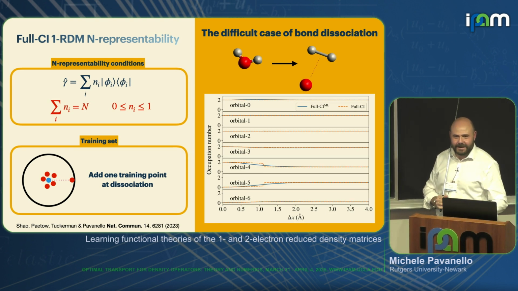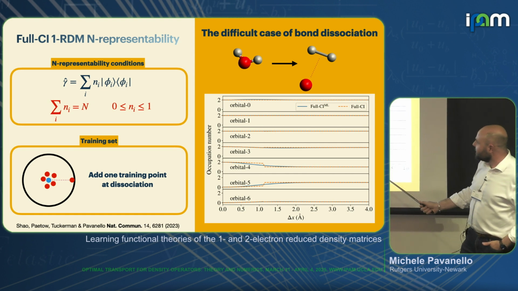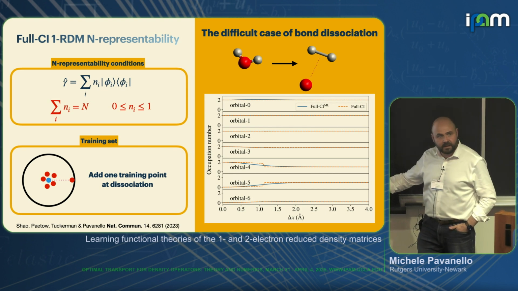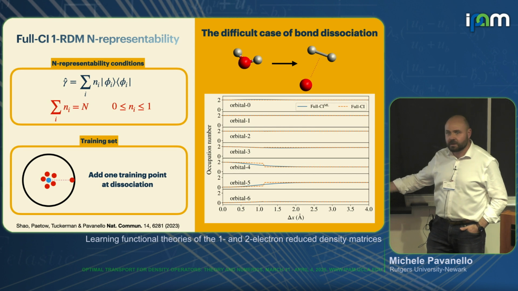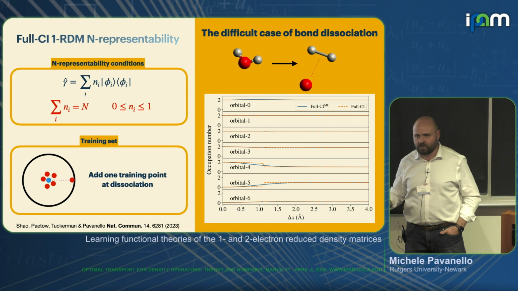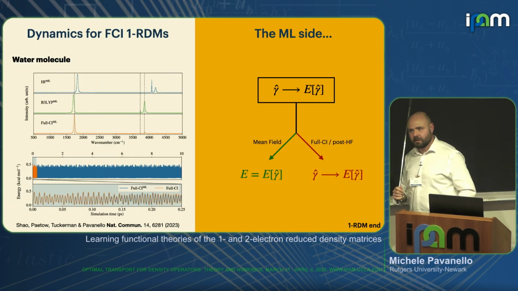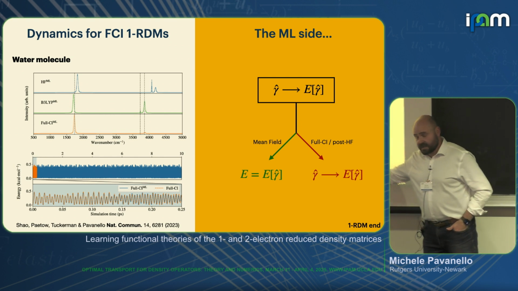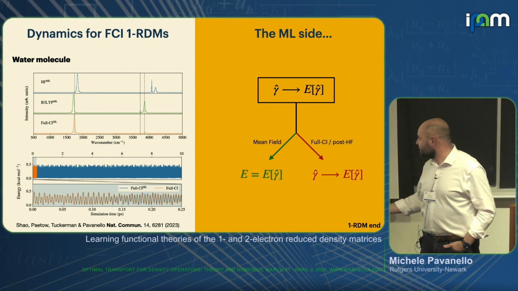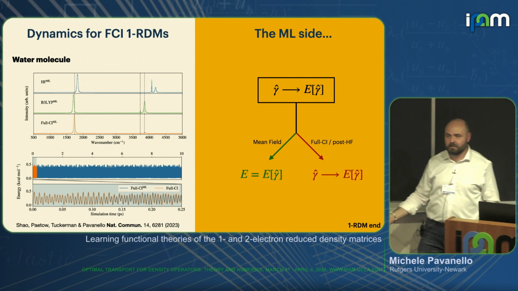But if we stretch it in a really nasty way like this, where bonds are broken and then formed, and where the occupation numbers of the Fermi-Dirac method have a discontinuity, we don't catch that discontinuity. I'm okay with that. And we can run dynamics, at the cost of learning another map, the map that takes you from gamma to E of gamma.